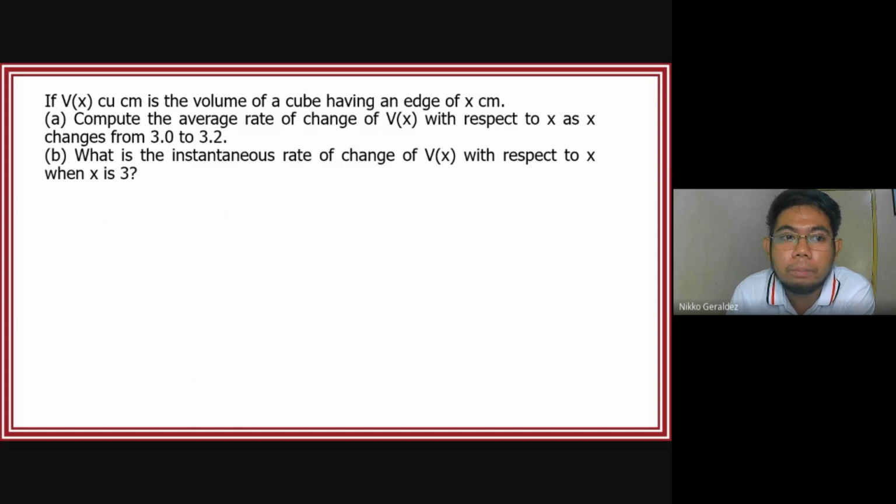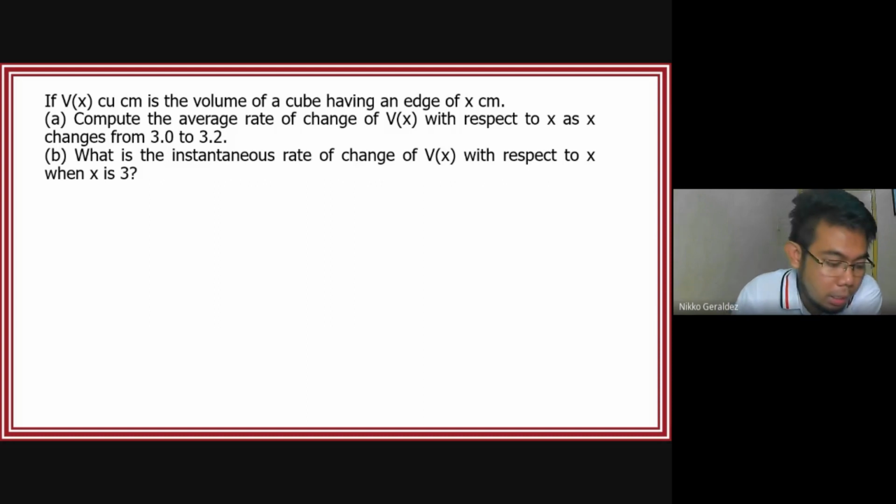Next example. Ito. If v of x cubic centimeter is the volume of a cube having an edge of x centimeter, compute the average rate of change of v of x with respect to x as x changes from 3 to 3.2 centimeters. Then, what is the instantaneous rate of change of v of x with respect to x when x is 3?